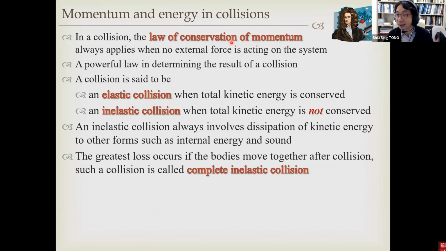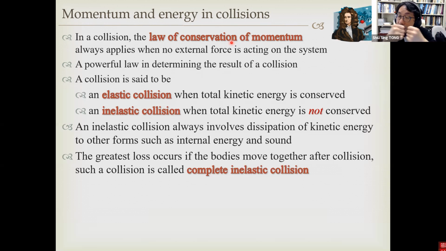So whenever you see a collision happening, you can always apply the law of conservation of momentum. Now, as I said, the collision force is much greater than other forces acting on the system, so you may even neglect the existence of other forces during the collision. For example, if two bodies collide in air, theoretically, there is also gravity force acting on them, right?